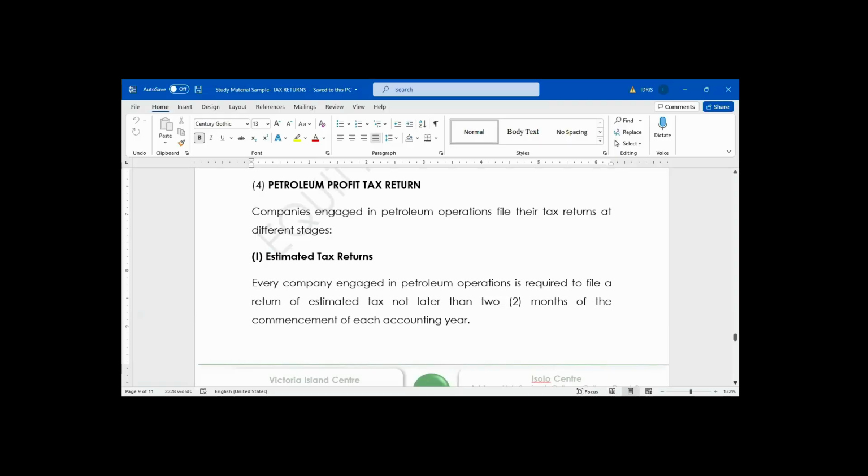That means every upstream petroleum company must file not later than 28th of February. That is estimated return.